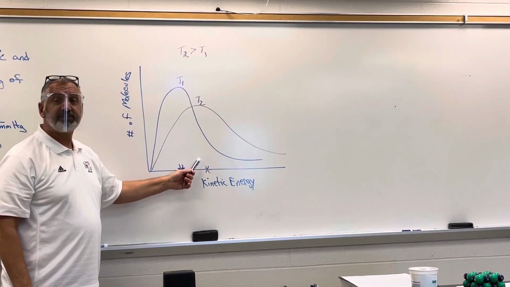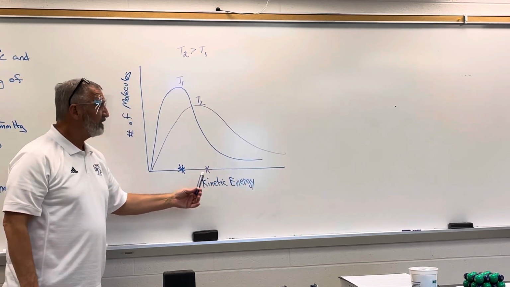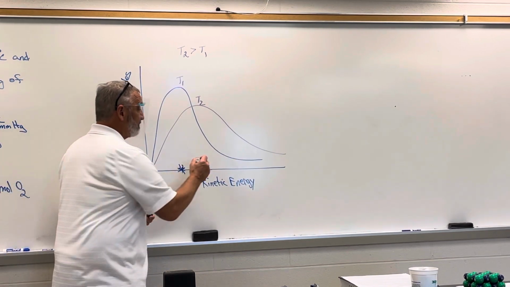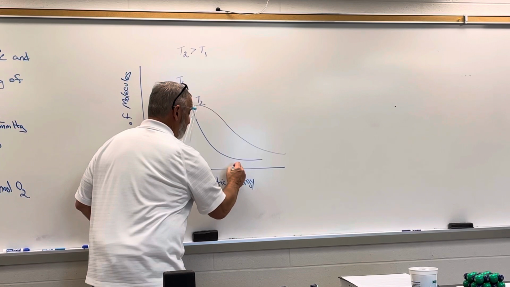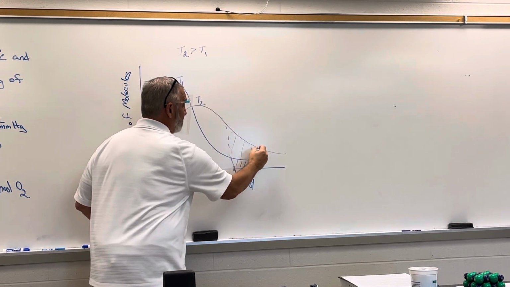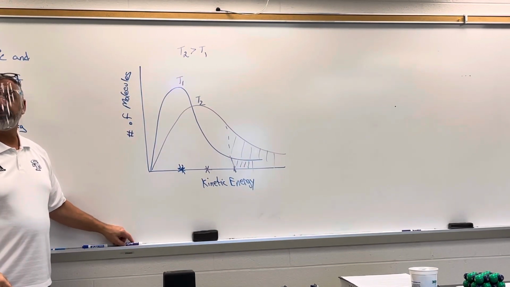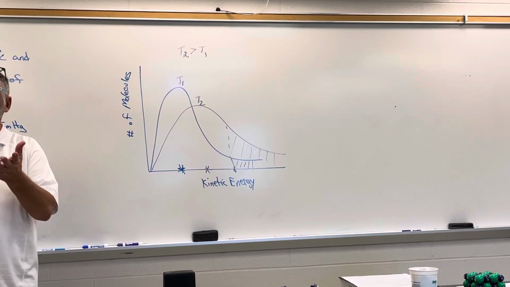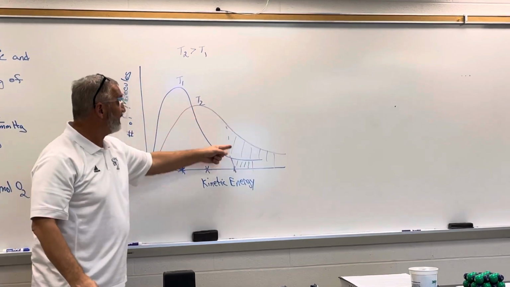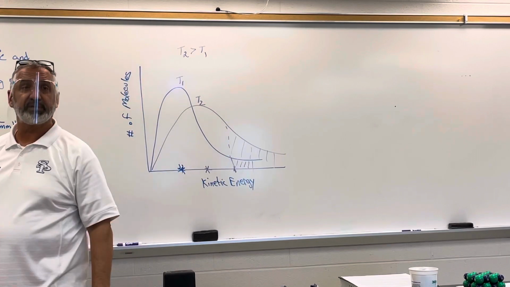The area under the curve tells the number of molecules at any given speed. You have a lot more fast ones at the higher temperature than at the lower temperature. At this point right here, you only have this many fast molecules, whereas you have all of these fast molecules. Remember, evaporation is the escape of the high-speed molecules from the surface. So at the higher temperature, you have more high-speed molecules at the surface, so it evaporates more quickly.